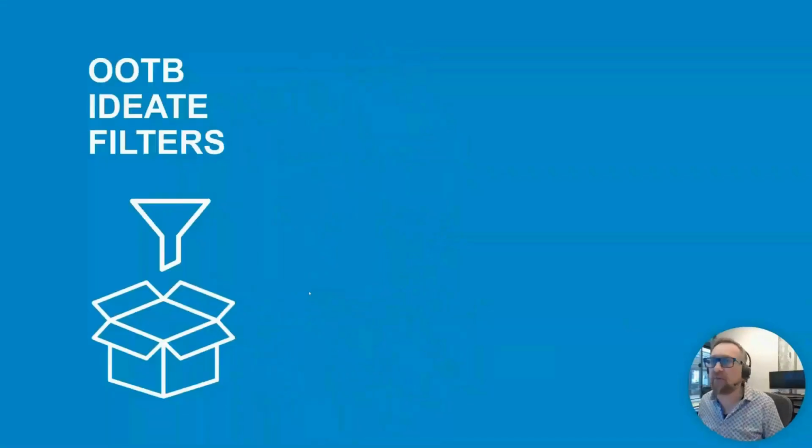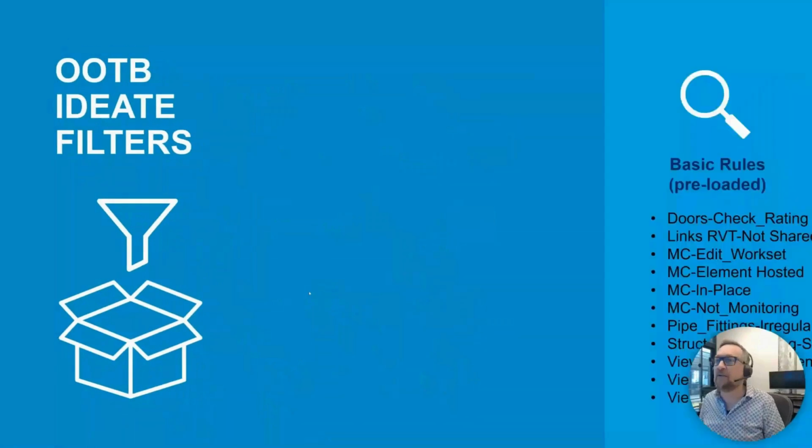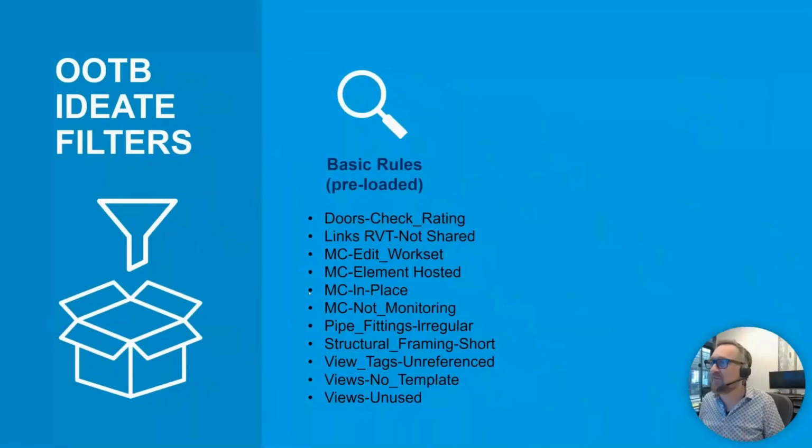So what we have delivered with these tools is going to be a number of things spanning all disciplines. The in-place family one that we talked about is relevant for everybody, but we've got check the rating for doors for architects, and we're going to take a peek at this one for irregular pipe fittings in just a second here for the plumbing engineers and mechanical engineers.